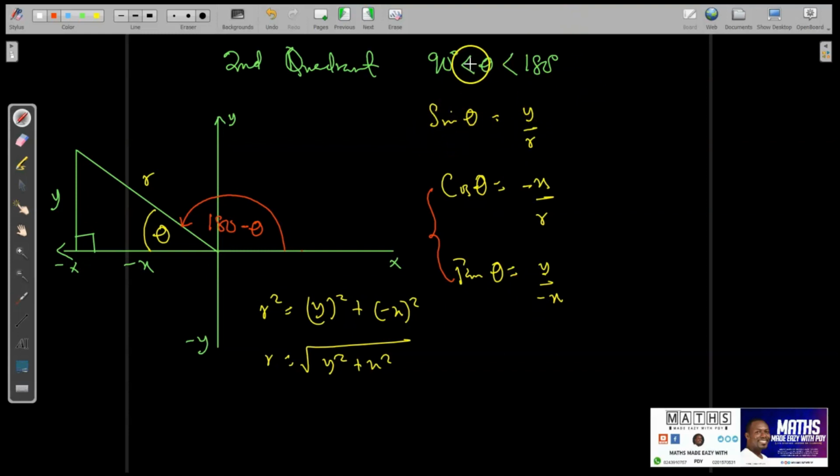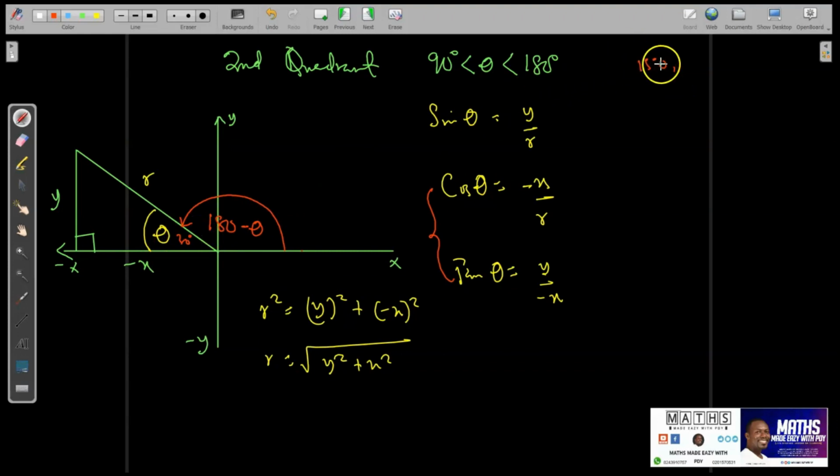Now, what are some of the angles that we can obtain in the second quadrant? If we assume that here is 30 degrees, one possible angle will be 150 degrees. Do you agree? Yes. So 150 degrees is possible in that quadrant.